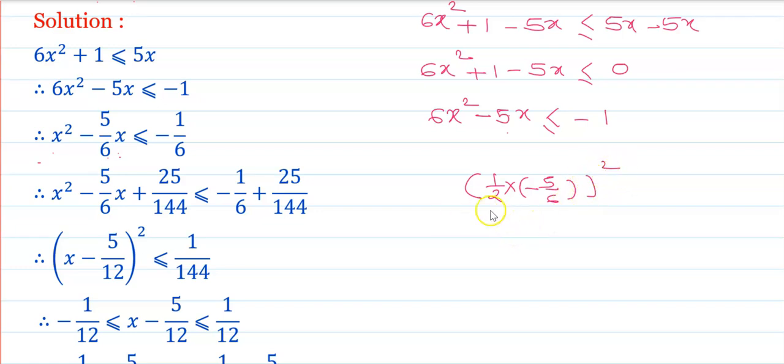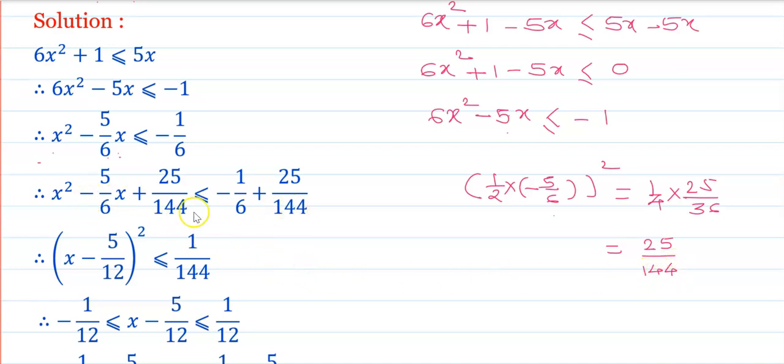Add on both sides, that is 1 upon 2 into coefficient of x, which is minus 5 by 6, and it's bracket square. Now what is the bracket square of this? 1 upon 2 squared is 1 by 4, minus 5 by 6 squared is how much? 25 upon 36, and then you will get here 25 into 1, which is 25, 4 into 36, then here you will get 144.